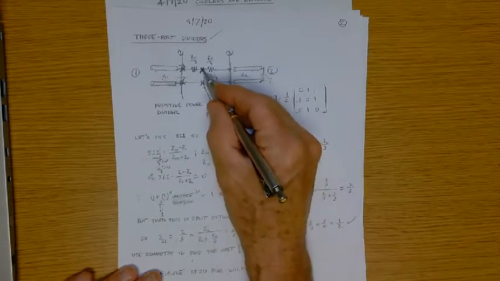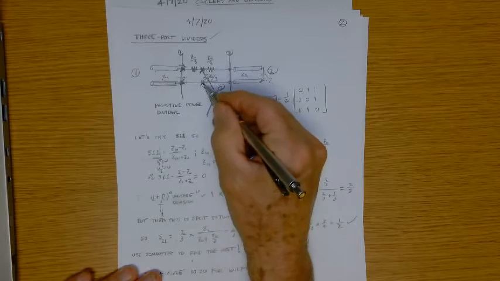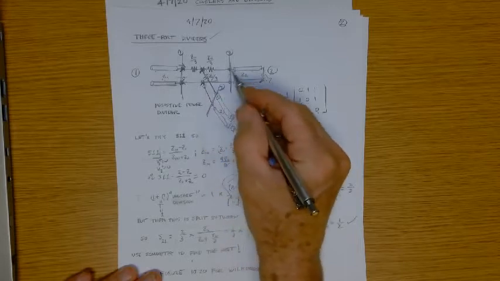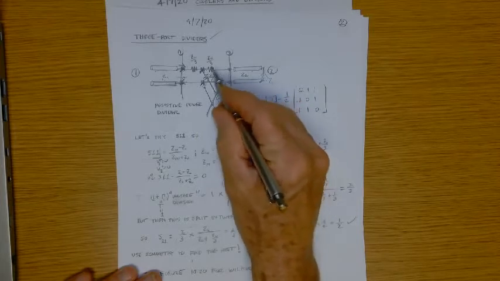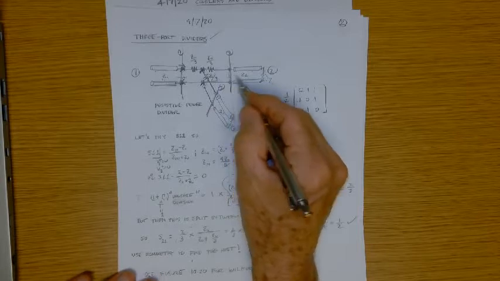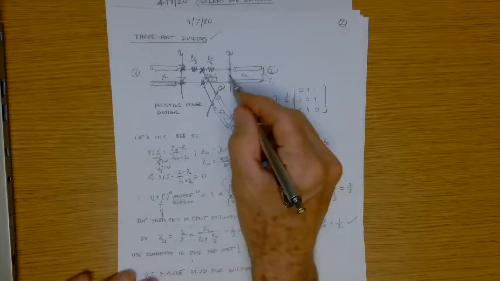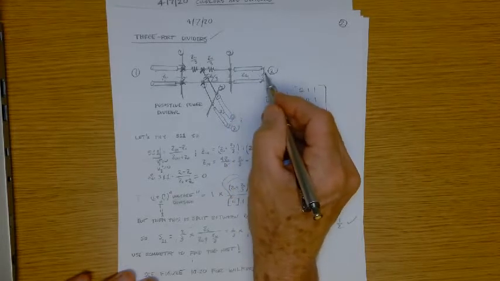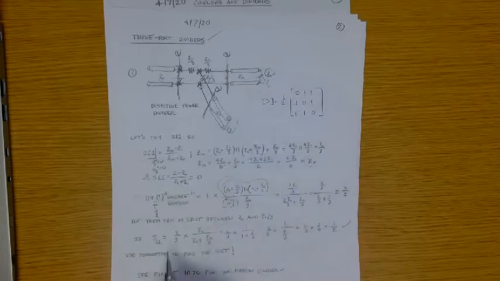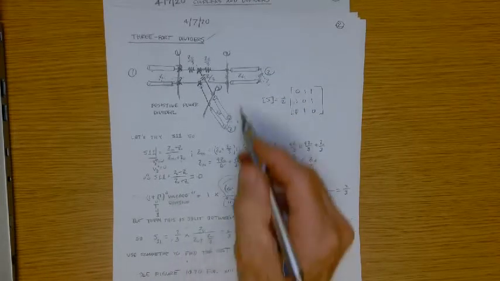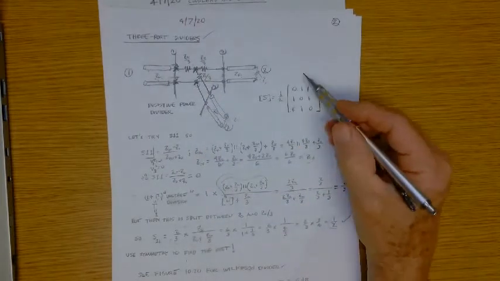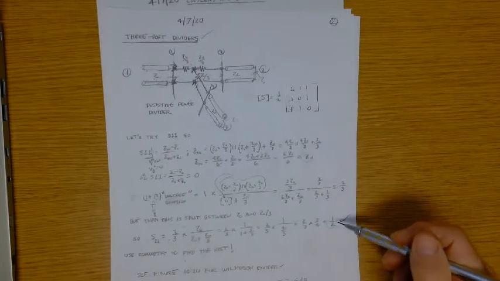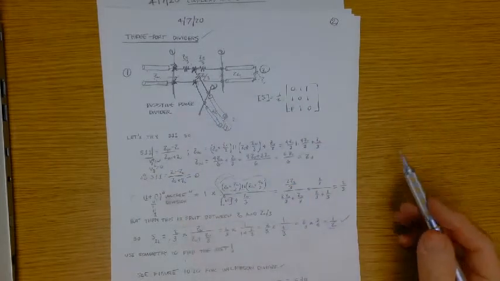But that 2/3 voltage wave has got to be divided again between what I see here and that, because of the input impedance at this location. Whatever is here is also out here, and I'm trying to get all the way to this port. So S21 is 2/3 times Z naught over Z naught plus Z naught over 3. So that's a half.